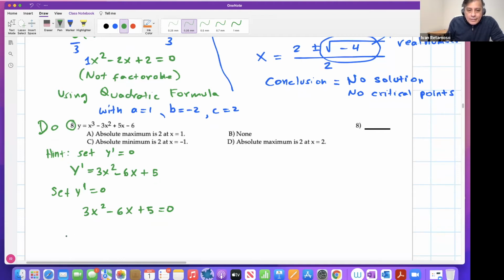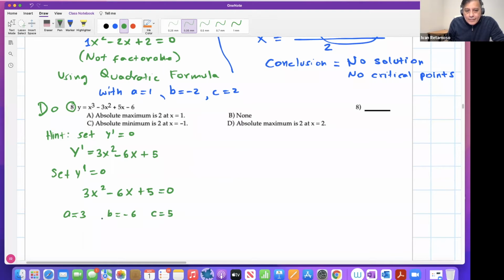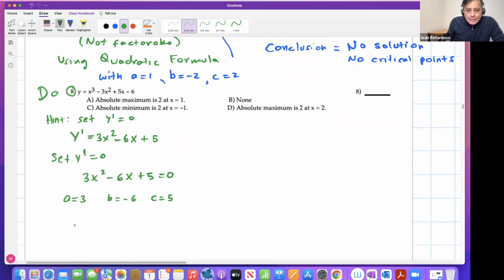So I just go ahead and use the quadratic formula to see if this equation has a solution or not. So A equals 3, B equals -6, C equals 5 will be considered for the quadratic formula. Minus B plus minus square root of B squared minus 4AC all over twice A.